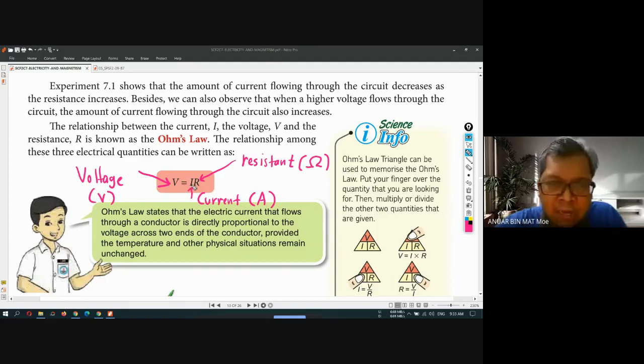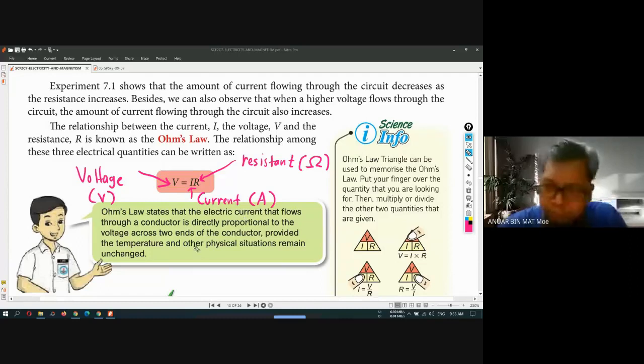You cannot write VAR. In Ohm's Law, you must write V equal to I times R. Here I is the current.